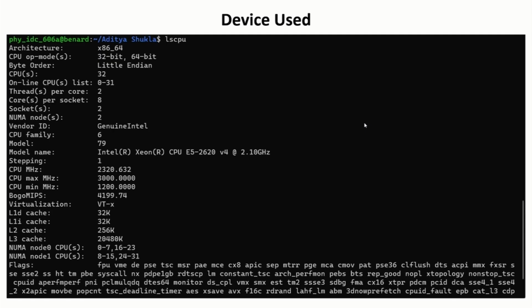I have run the same code on a more powerful machine, because to look at the results properly we have to run it for a longer time and with a higher number of particles, right? I'm running this code on Bernard. It's a CPU cluster here at ITK, provided by Professor Mahendra Verma.